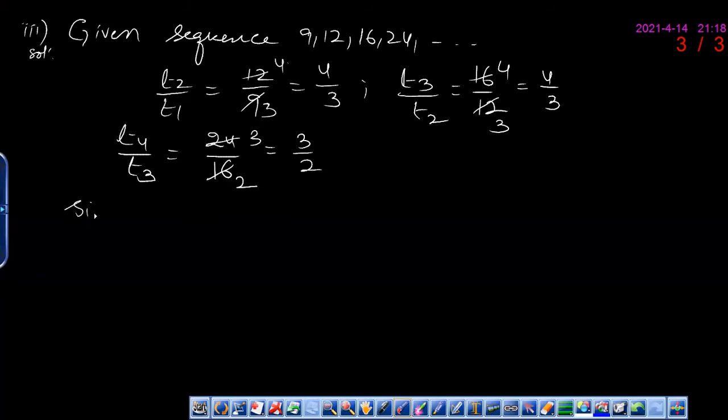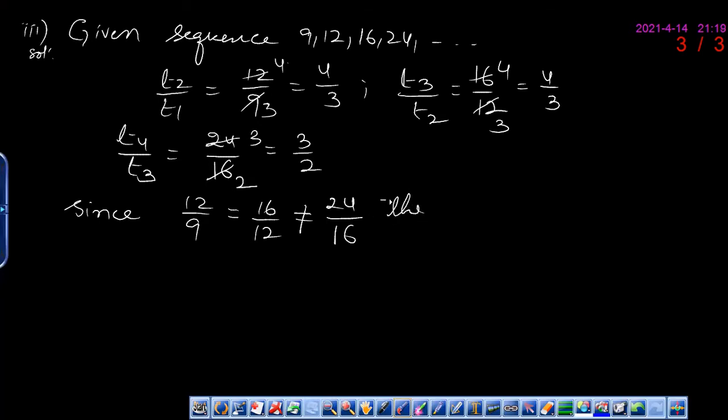So write down: since 12 by 9 is not equal to 16 by 12, you are not getting the same ratio.